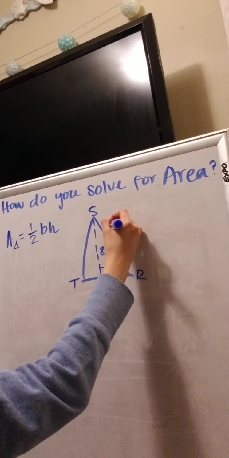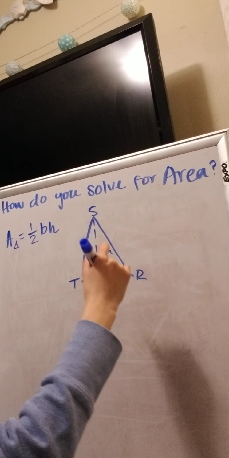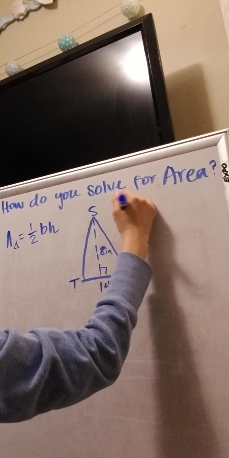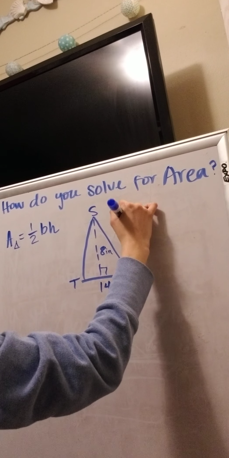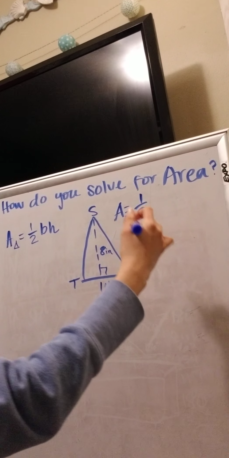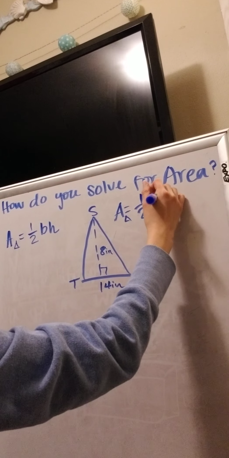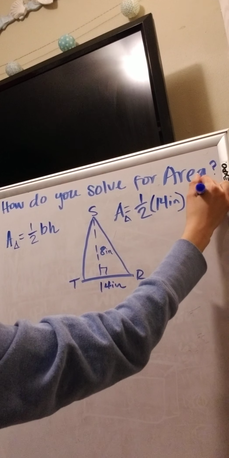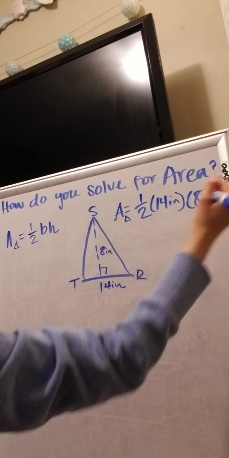So if we're trying to solve for triangle SRT, we are going to write the formula out again. So that would be 1/2, and then we said the base is 14 inches times the height, which is 8 inches.